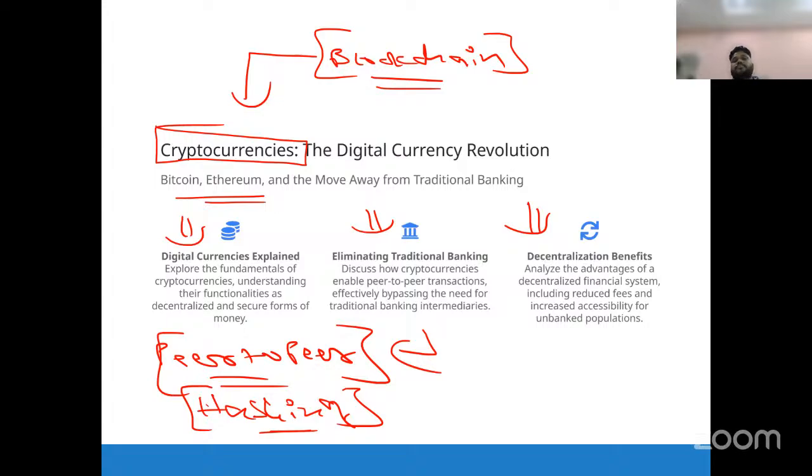Hashing means you're going to encrypt your data without the support of any third party or intermediaries. And then you can also eliminate your banking system, where you can remove all your third parties and intermediaries in the process. And when you're removing all the third persons in the system, then obviously you are reducing the fee. And that money you can save.